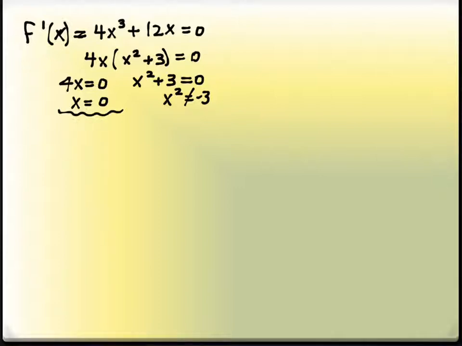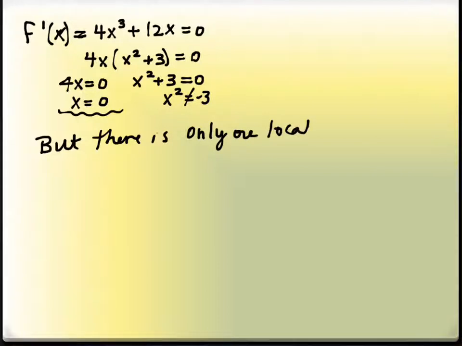So how many solutions did I get to f prime of x equals 0? 1. That's a problem. There is only one location where f prime of x equals 0. There wasn't 2.